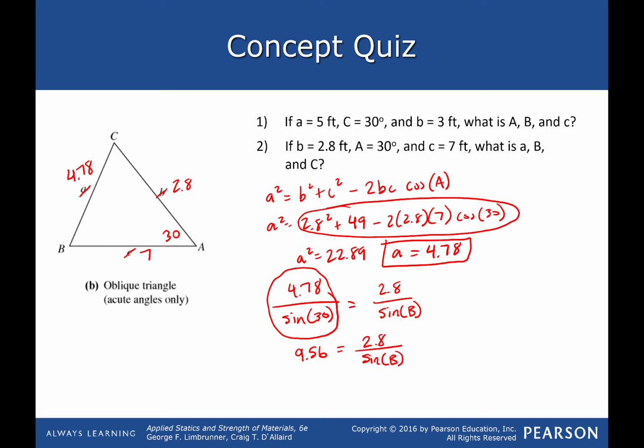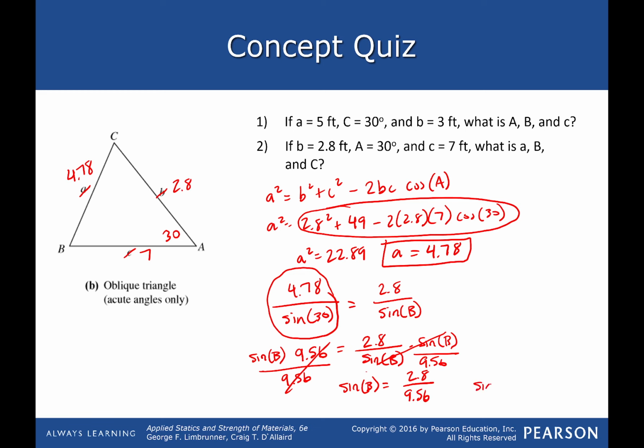Perfect. And so I'm going to multiply both sides by sine of B. Okay, that cancels. I'm going to divide both sides by 9.56, and that cancels. And I get that sine of B is equal to 2.8 over 9.56.